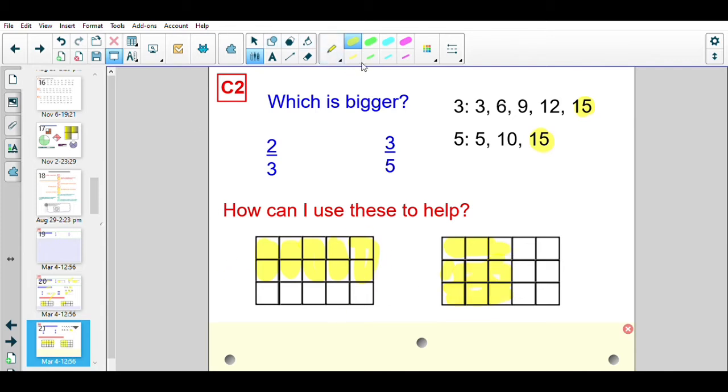Okay, the equivalent fraction for the first one, as you can see, is 10/15, and the second one is 9/15. We can see clearly 10/15 is bigger, so 2/3, the equivalent fraction of 10/15, is bigger.